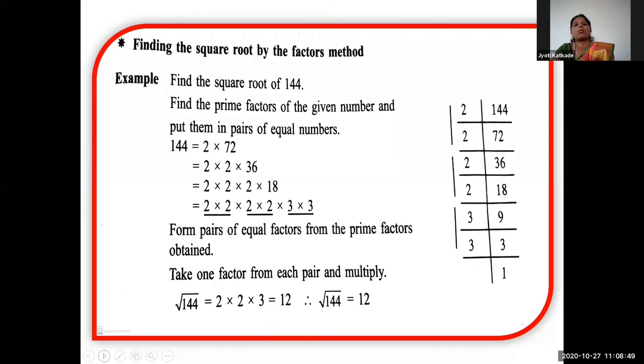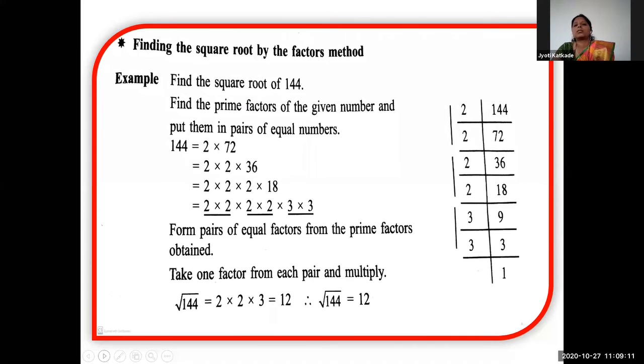Meaning, first of all we have to find the prime factors of 144. You can find the prime factors in two ways. See on your screen, two methods are given. Divide 144 by 2 and we get 2 into 72.